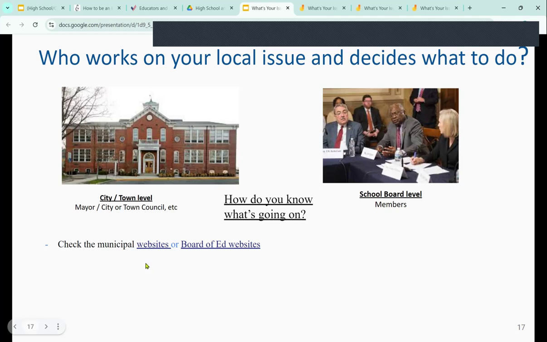So how do you do this? How do you find out about these things? Well, if you want to go to the city or the town council, each one of them has a website, as does the Board of Education. When I'm working in schools, what I try to do before I go in, if I'm there in person, is look at the town, like the last one that I went to, Asbury Park.